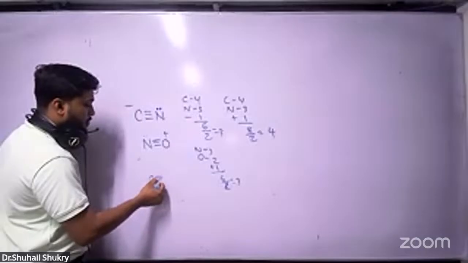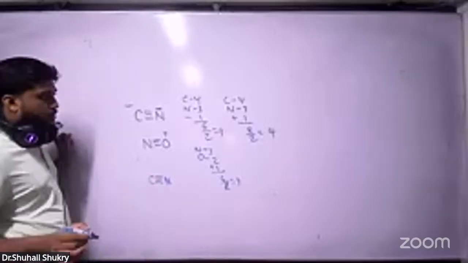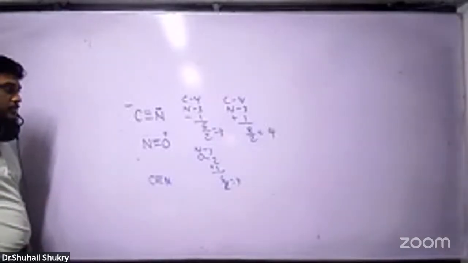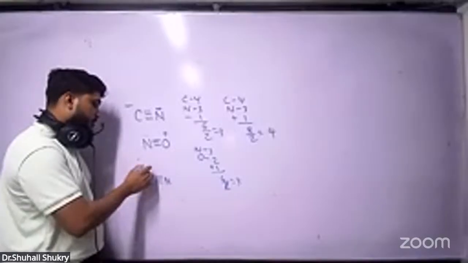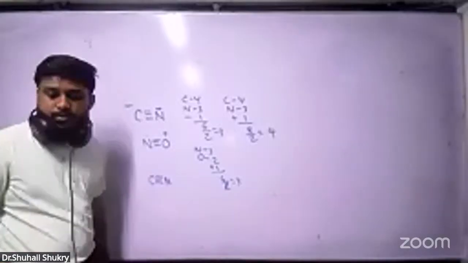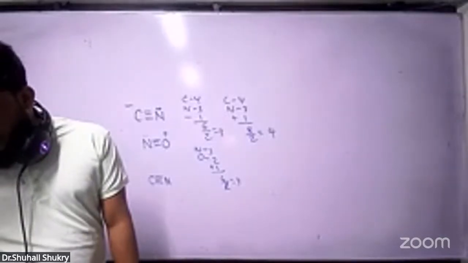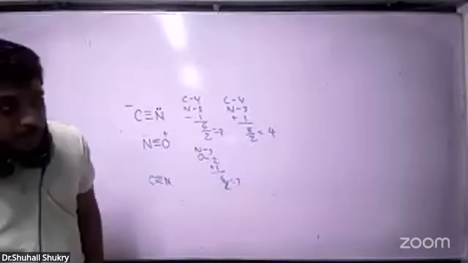If it has a plus charge, we can draw 4 bonds for CN plus, right? Between two atoms, what is the maximum number of bonds we can draw? That is 3.